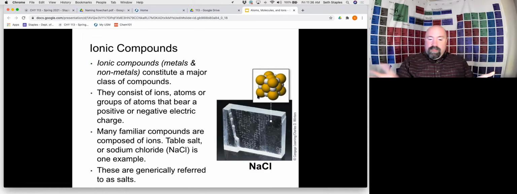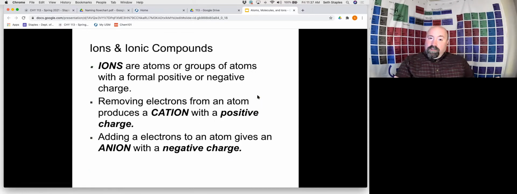We think of that spice that you throw onto your food to make it more flavorful. From a chemical perspective, that type of salt, sodium chloride, is just one type of salt. It's just one ionic compound. Ionic compounds in general are always referred to as salts from a chemical definition standpoint.